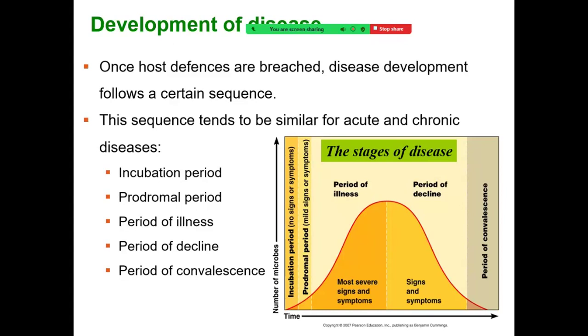Now, when you have a cold, I frequently have done this. When I notice I'm coming down with the first signs and symptoms of a cold, I get lots and lots of rest. When you're sleeping, your immune system is at its strongest, it's at its best, and I can actually decrease the number of microbes so that I go from the prodromal period of having a cold to the period of convalescence, because I just get lots and lots of rest.